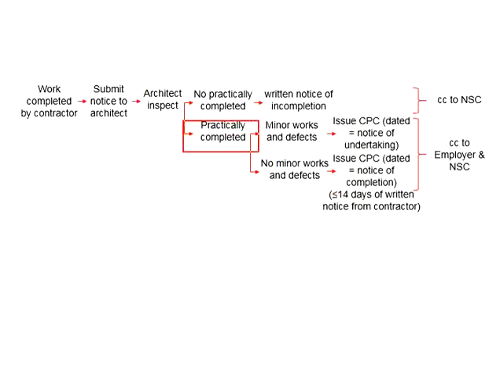If the work is practically completed and the architect decides to issue the CPC, at the same time we'll need to send a copy to the employer and also the nominated subcontractor. This is to ensure they are also informed. And with the CPC, the employer can gain possession of the structures or site.